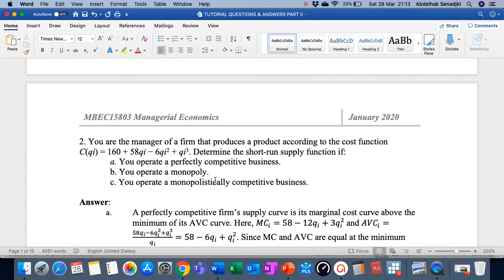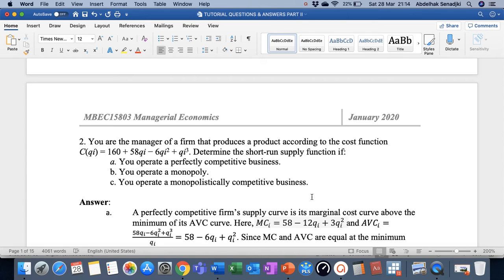So for the first one, A, a perfectly competitive firm's supply, if you remember, is the firm's marginal cost curve above the minimum of its average variable cost curve. So it is the marginal cost curve which starts from the minimum point of the average variable cost curve.